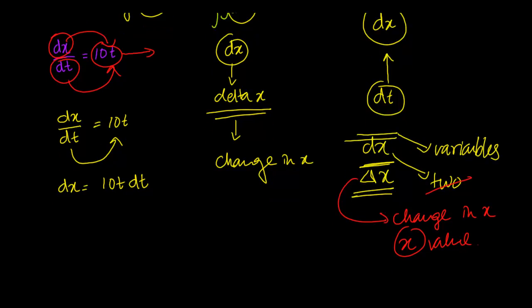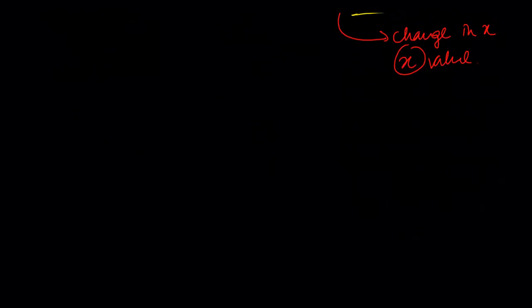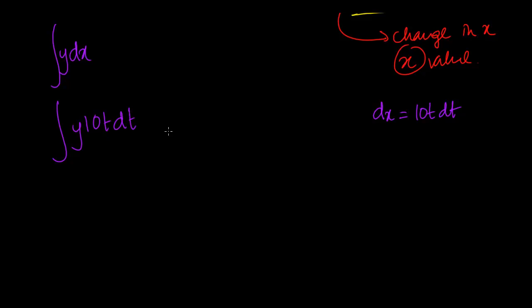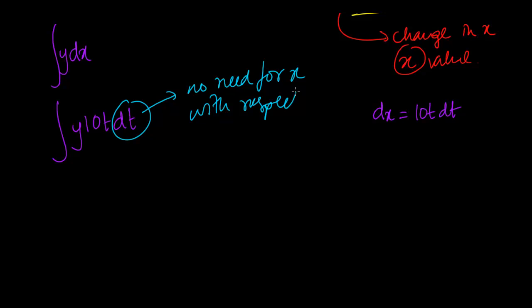So moving on, you got to remember we got to integrate y dx. Now we've just found out that dx is equal to 10t dt. So the integration of y times 10t dt. You see, you no longer need an x value, because right now you have to integrate with respect to t.